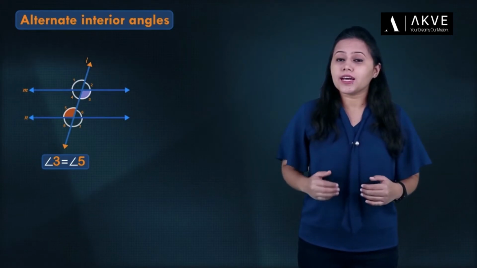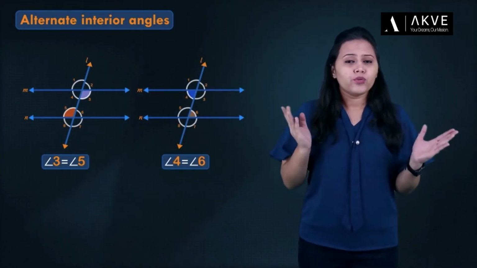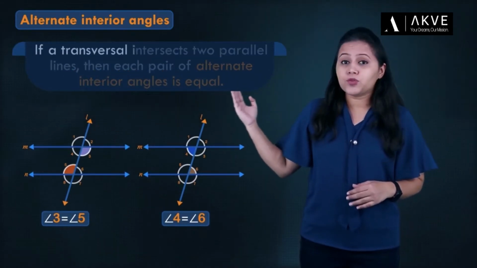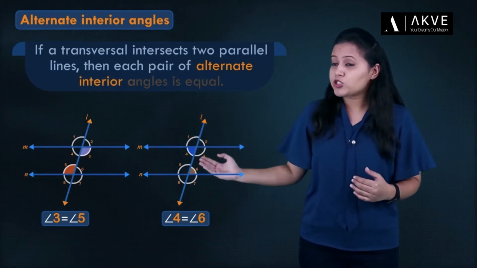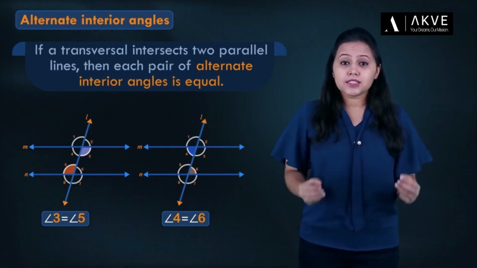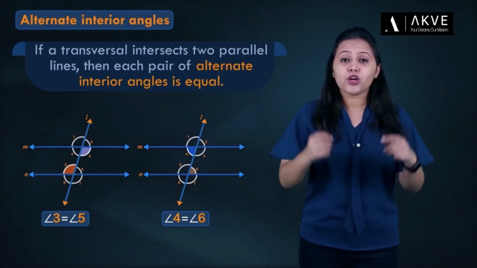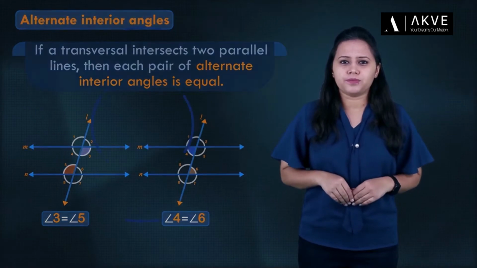Similarly, we can get angle 4 is equal to angle 6. So, we just proved that if a transversal intersects two parallel lines, then each pair of alternate interior angles is equal. This is actually a theorem. We used corresponding angles axiom to prove this theorem.